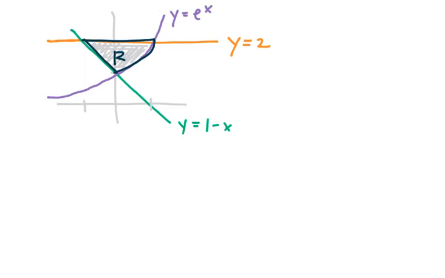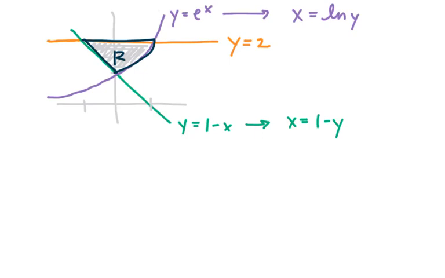We need x in terms of y. So for example, y equals e to the x, that's the same as x equals the natural log of y. And y equals 1 minus x, that's the same as x equals 1 minus y.